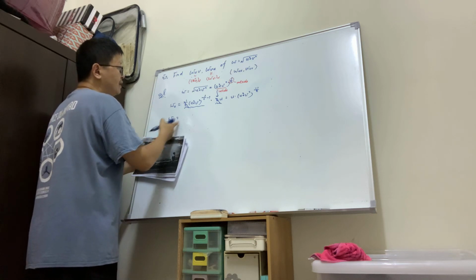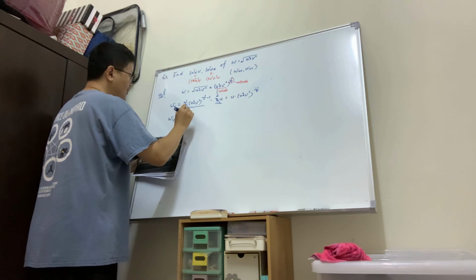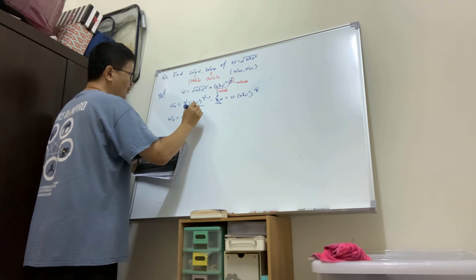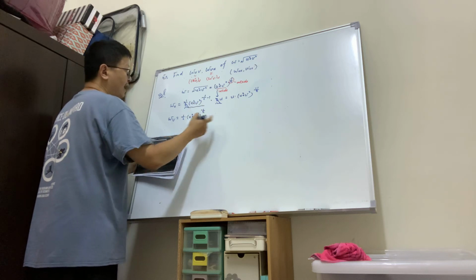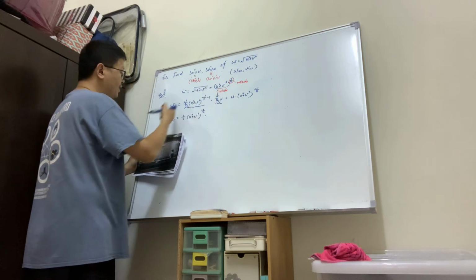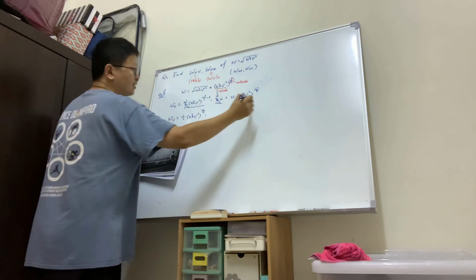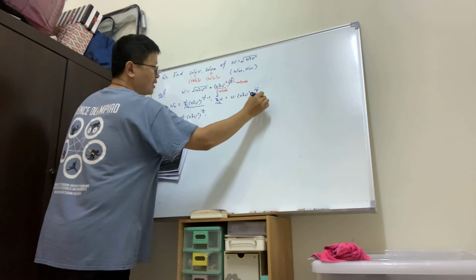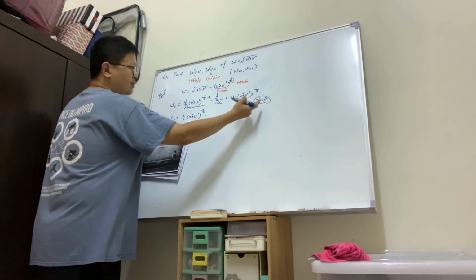And w_v, what's this? w_v is, now outside again, outside function, put it back, u squared plus v squared to the power of 1 half subtract 1, so it's still negative 1 half. Times the inside function's derivative, but now the variable is v, u is a constant. So it's something like a constant squared plus v squared. Its derivative: the constant's derivative is 0 plus 2v.